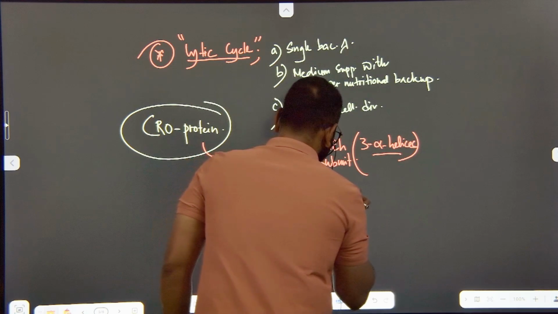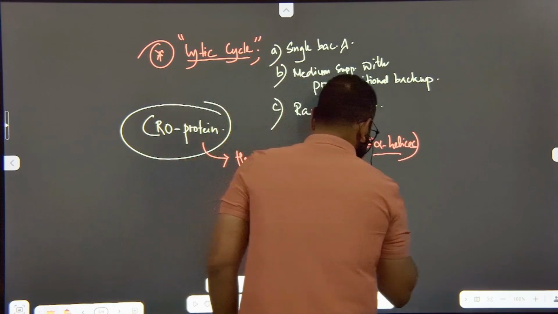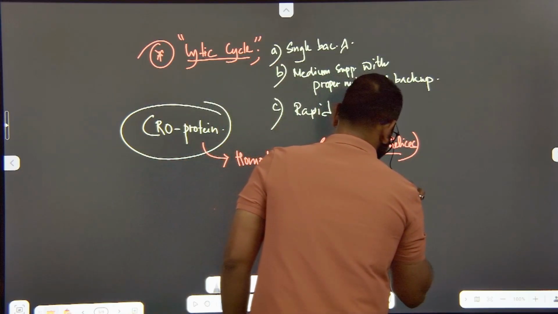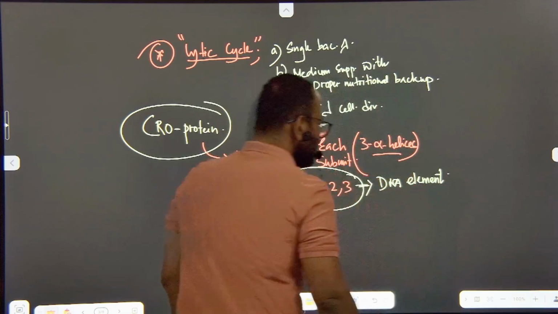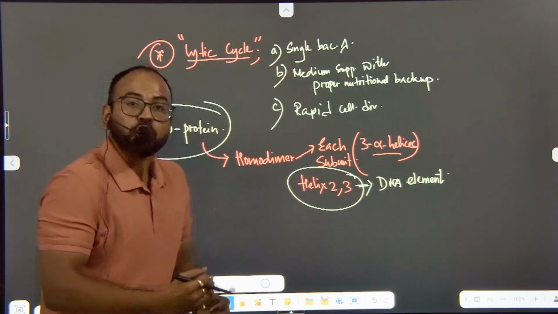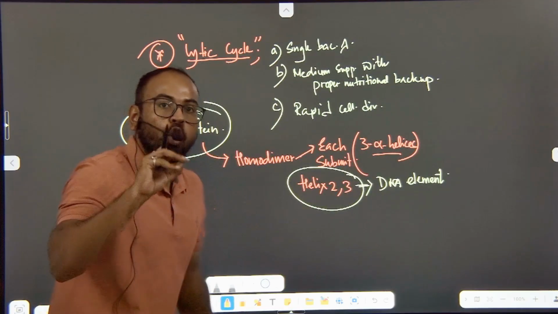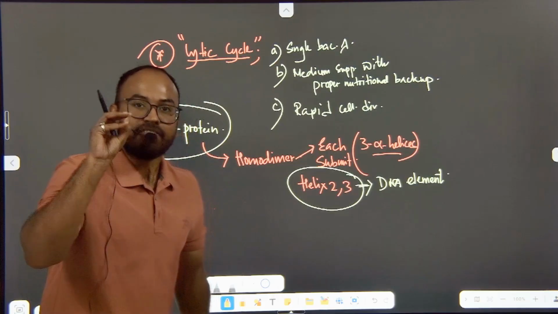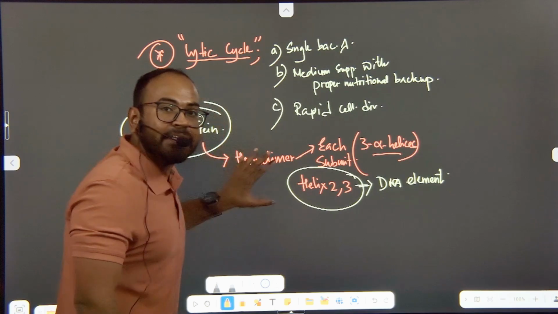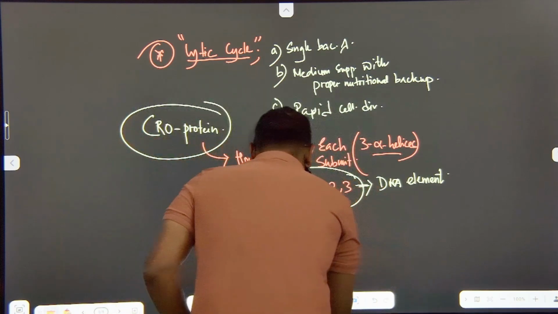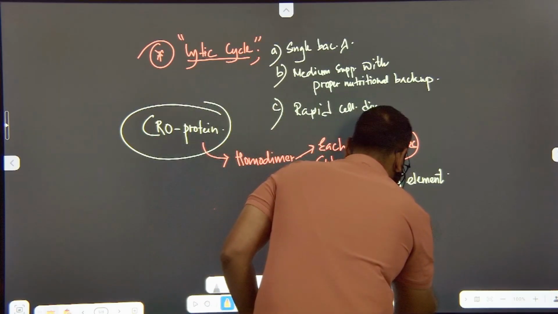Helix 2 and 3 majorly associate with the DNA element. Which portion does it interact with? We must keep in mind that this protein product must bind with the operator region 3.